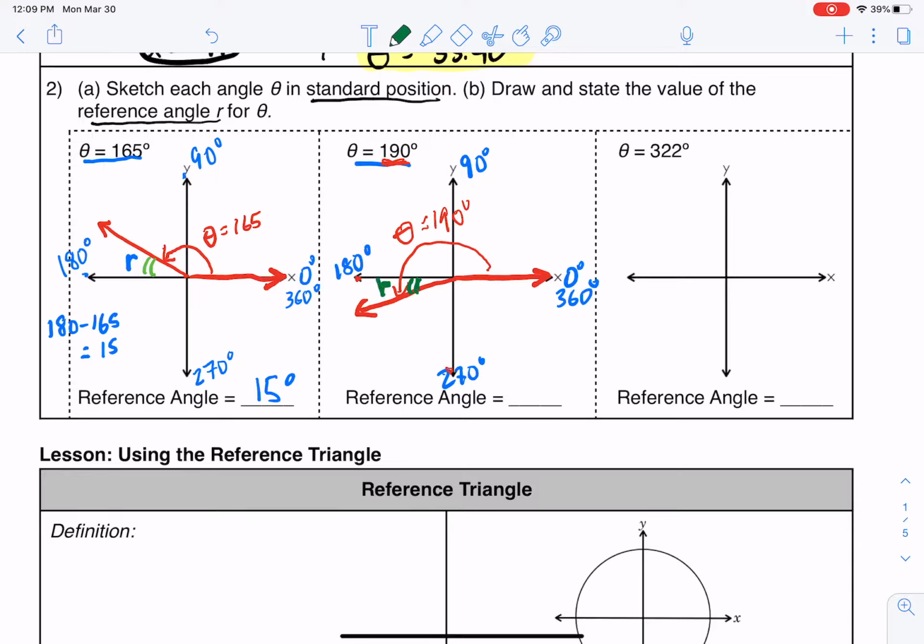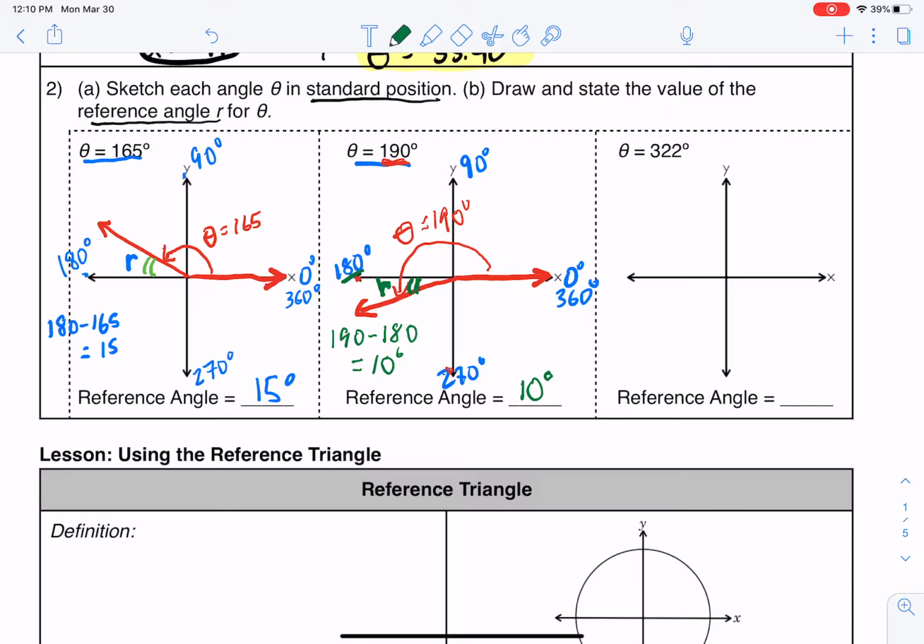So that's my R. To calculate the reference angle, I'm going to take 190 and subtract 180 from it, so I get a 10-degree reference angle. Now, it's important really to note that I could also just look at this and see that if I was at 180 and I had to go to 190, I would be traveling 10 more degrees.